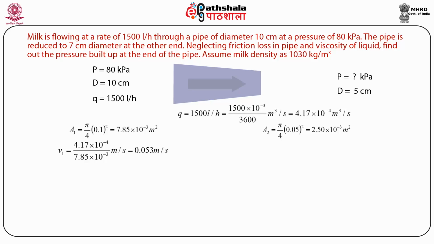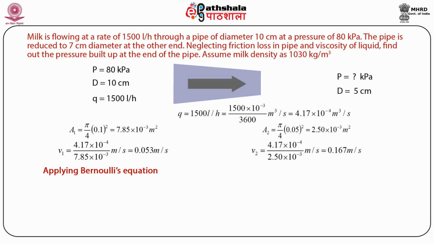So that becomes 0.053 meter per second. That is the velocity at the left hand side, that means the velocity at the bigger diameter pipe section. In the same way you can calculate V2 at the right hand side. The V2 becomes 0.167 meter per second. Now apply Bernoulli's equation.